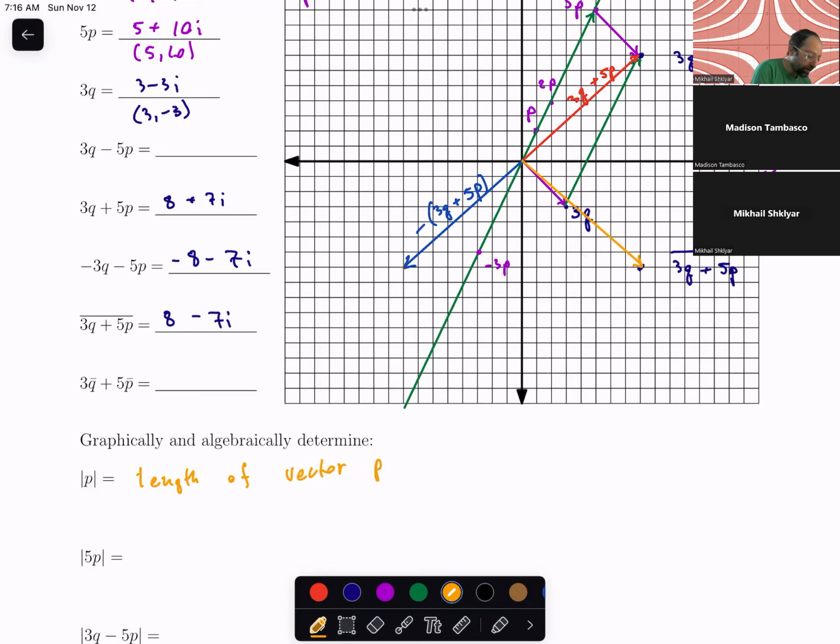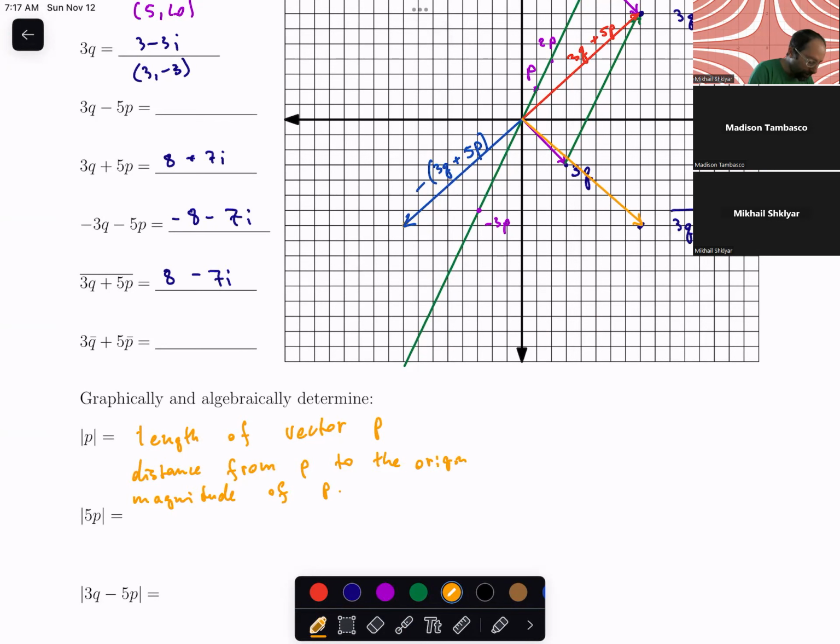This is also sometimes known as the modulus of P. They all mean the same thing. If you remember, the definition was, well, let's make it z. If z is the complex number a plus bi, then its magnitude is the square root of the square of the real part plus the square of the imaginary part.